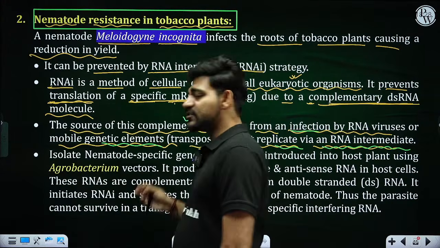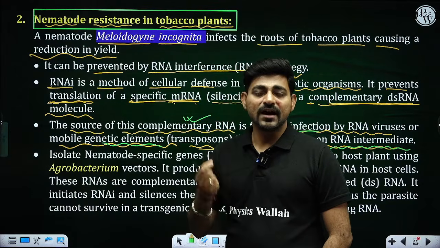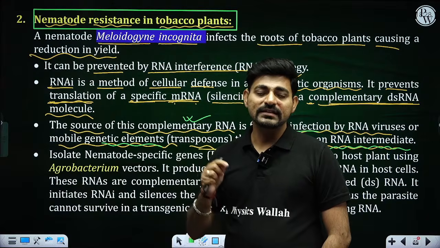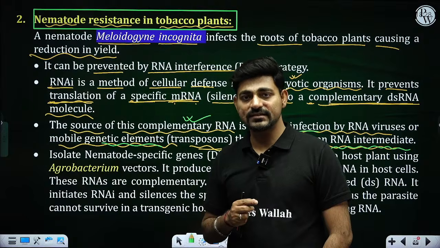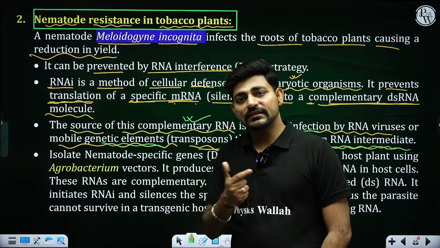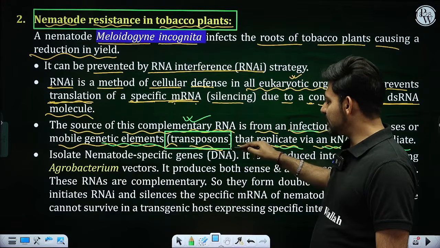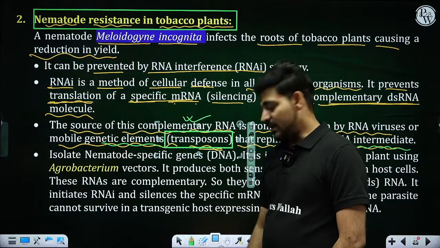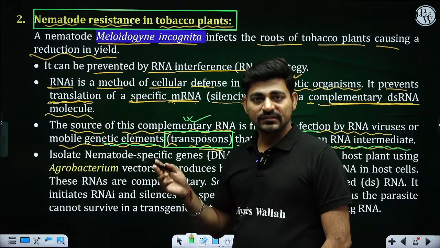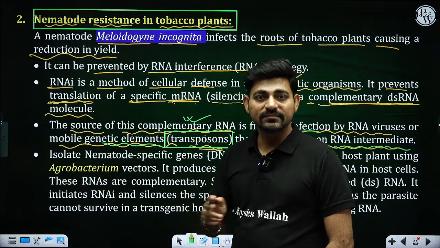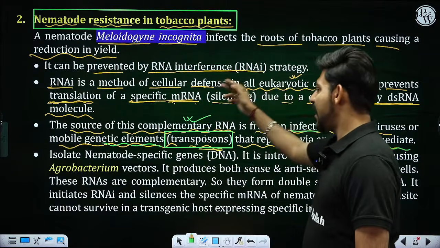When a cell is affected by an RNA virus, a retrovirus, then your cell can get these vagabond pieces of RNA. We call them transposition, and sometimes this transposition can act as the source of that complementary double-stranded RNA, which can later be required to perform the RNAi technique.